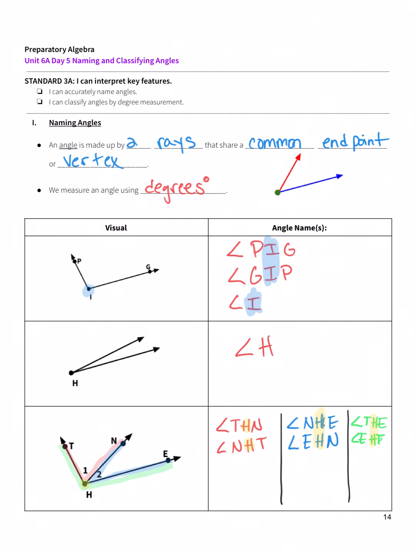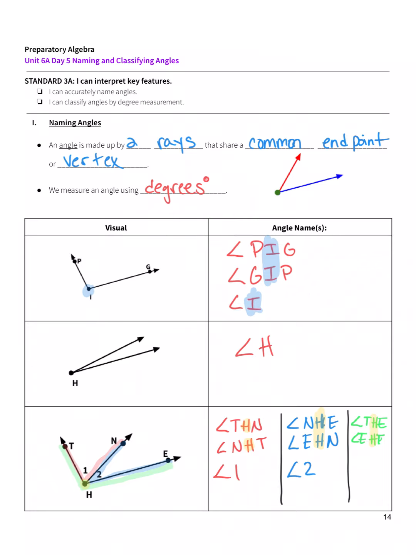Okay, now something that you might notice here is that we have a little 1 here and a little 2 here. So this angle could also be referred to as angle 1. This angle, you guessed it, could also be referred to as angle 2.